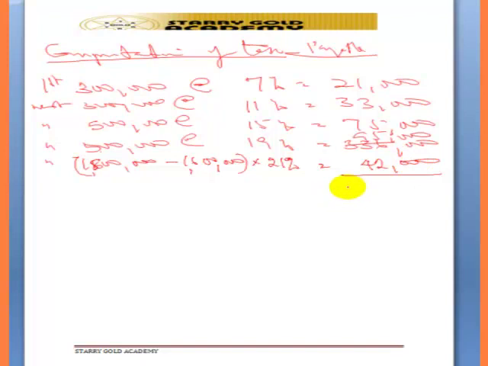So the total tax is 42,000 plus 95,000 plus 75,000 plus 33,000 plus 21,000, which is 266,000.